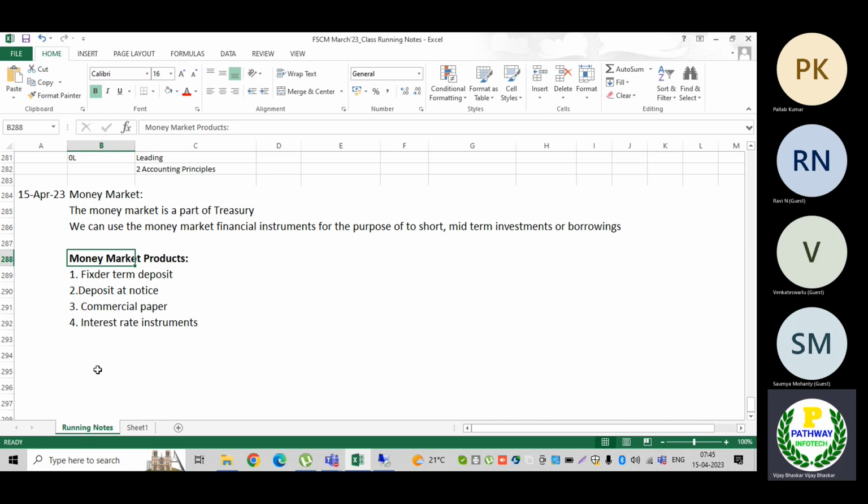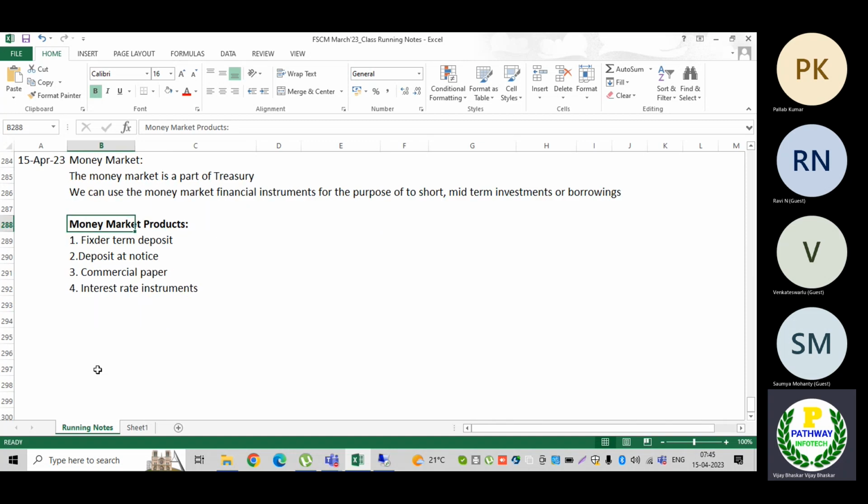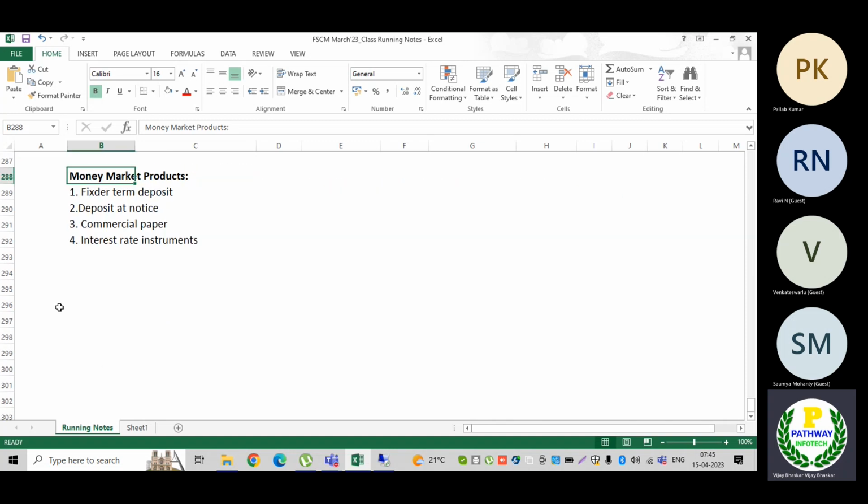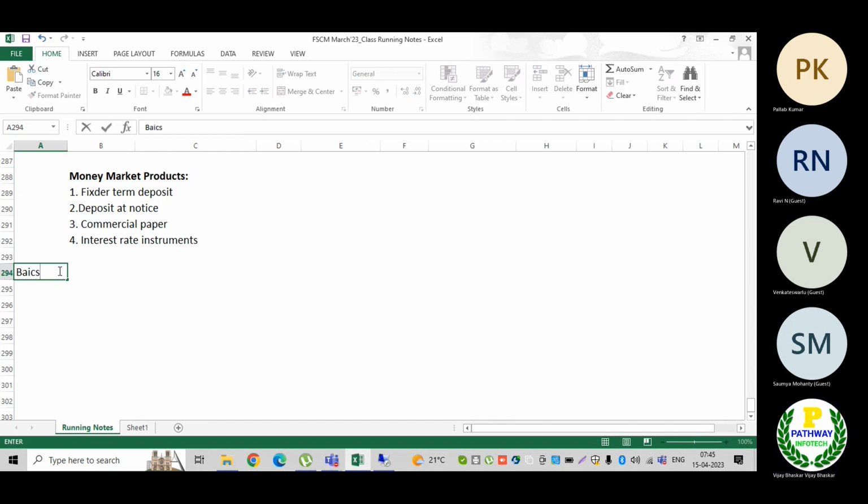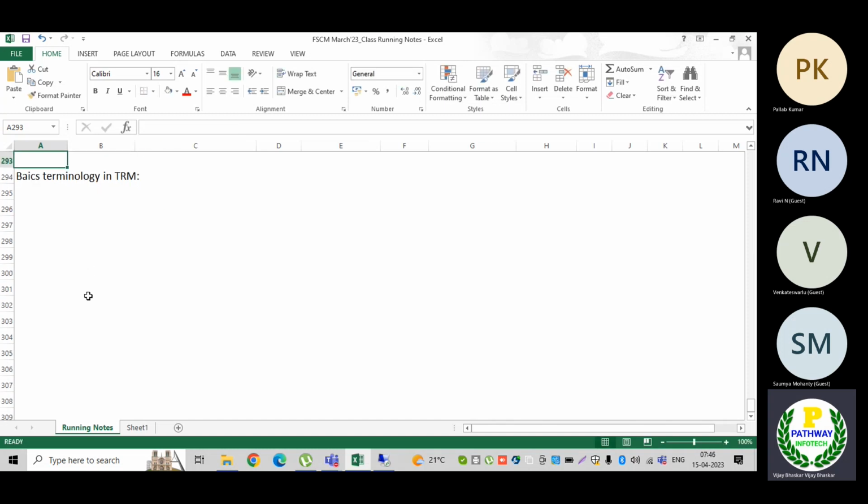Before starting the money market, we need to understand the basic terminologies in treasury. First let me explain the basic terminology in TRM. Remember, you need to understand these one by one.